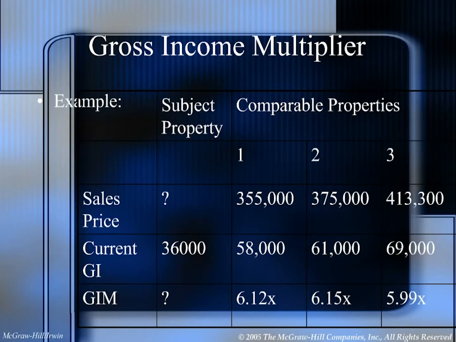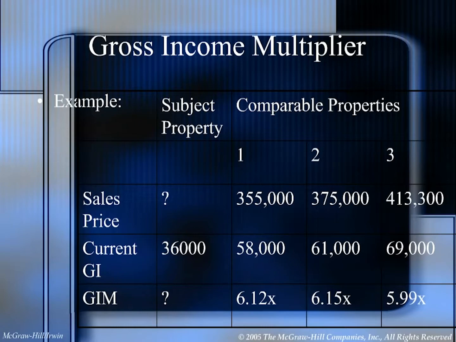So let's look at an example here. Let's say that we come up with the sales price, and then we come up with the current gross income, okay, for three properties that are very comparable. And we see that we get for the first property 6.12, the second one 6.15, and the third one 5.99. So we could say, about 6, being conservative, about 6 times their gross income is what these three properties sold at.